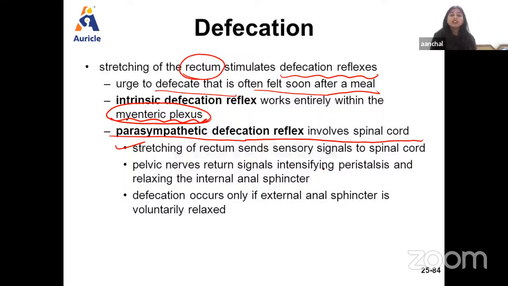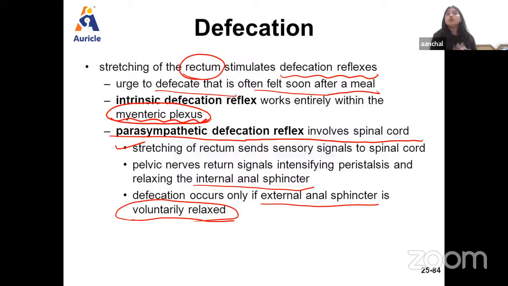Then the pelvic nerve sends a signal to intensify peristalsis and relax the internal anal sphincter, and defecation occurs only if the external anal sphincter is relaxed, and that is because of our own voluntary control, right? A very important and interesting one also.